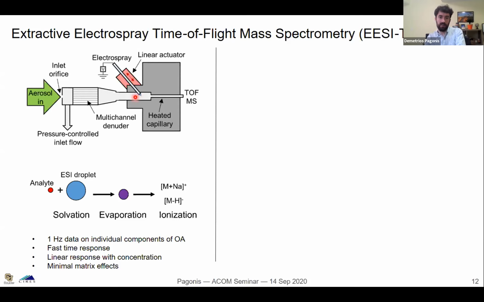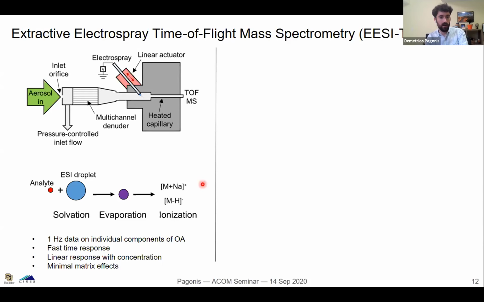Right, and so then the particles themselves here pass through this electrospray, and there the analyte aerosol collides with the much larger electrospray droplets, gets solvated, and then these particles are highly charged, and they undergo your typical evaporation of electrospray drops, followed by Coulomb explosion until you get ionization of your analytes, either as adducts with sodium, if you're operating with positive ion polarity, or you just get a deprotonated analyte when you're operating with negative ion polarity.